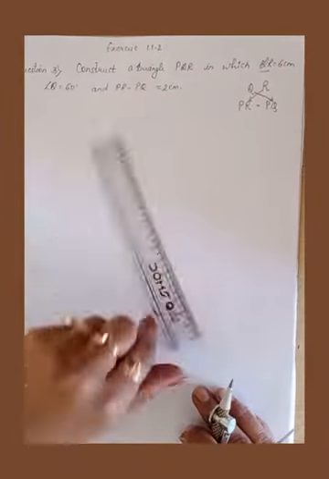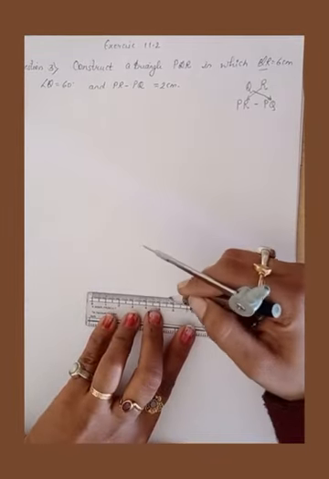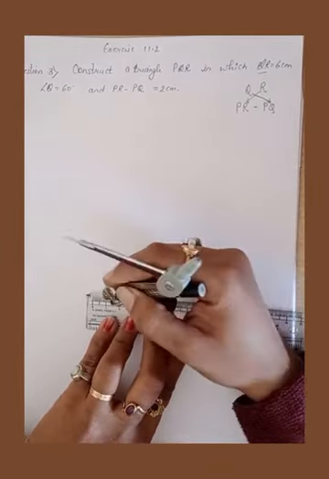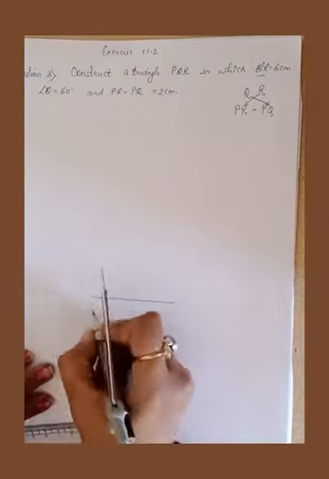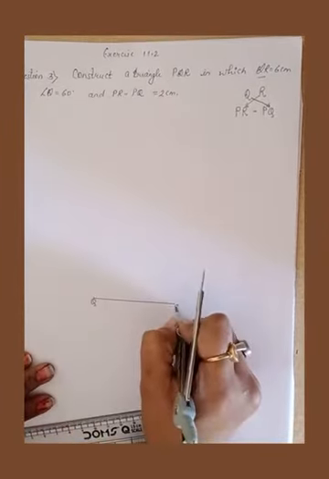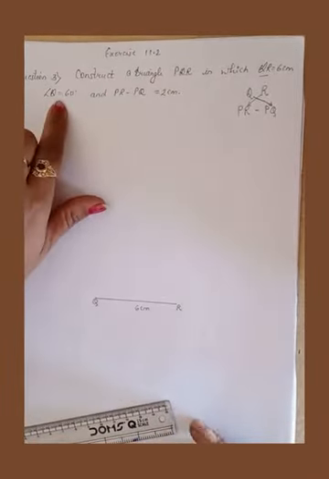First of all, draw a line segment of 6 centimeter. Name this line segment QR. This is of 6 centimeter. After drawing the line segment, angle Q equals 60 degree.